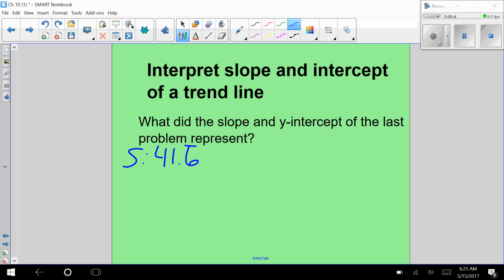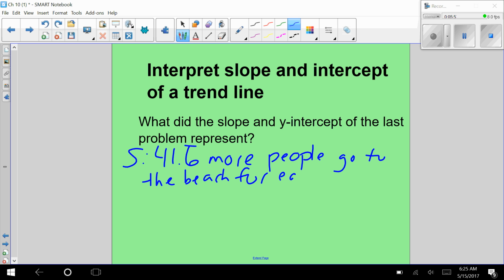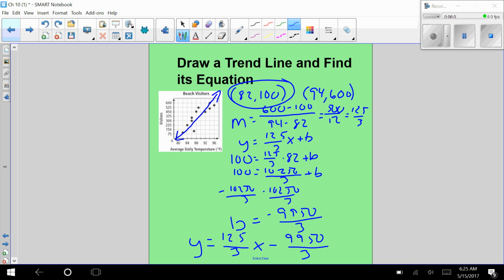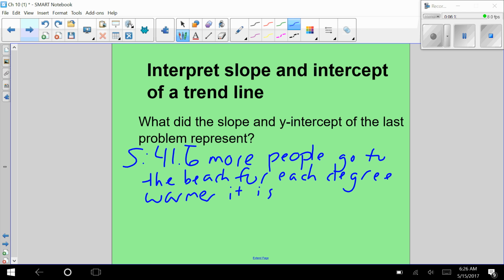And what this means is that 41.6 more people go to the beach for each degree warmer that it is. So remember, in our example, we had daily temperature and visitors to the beach. So that is what our slope means. 41.6 more people went to the beach every degree warmer it was.